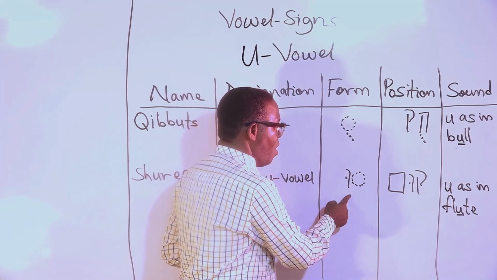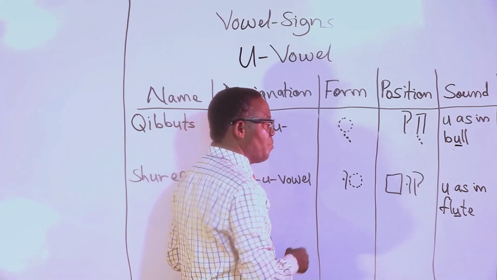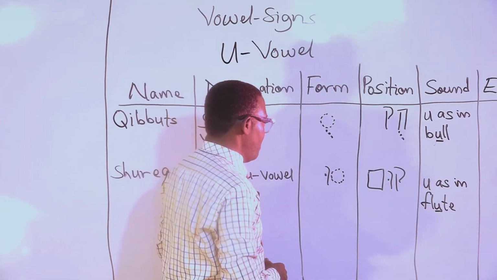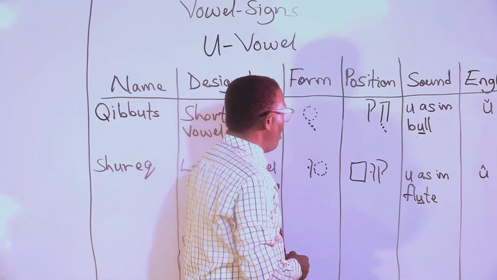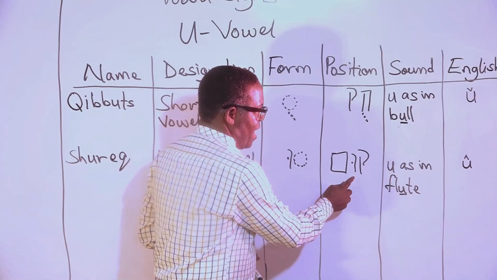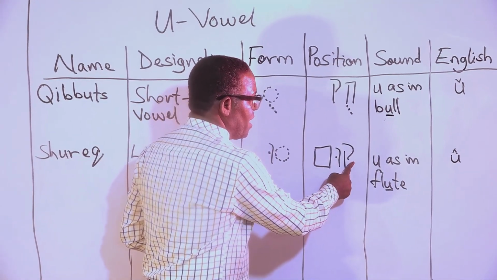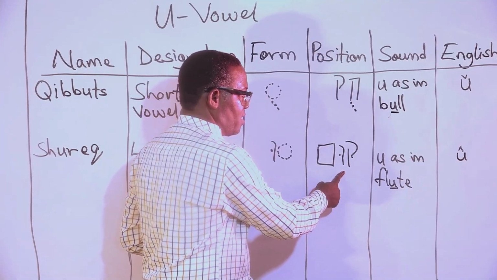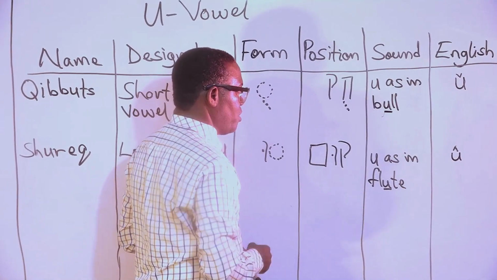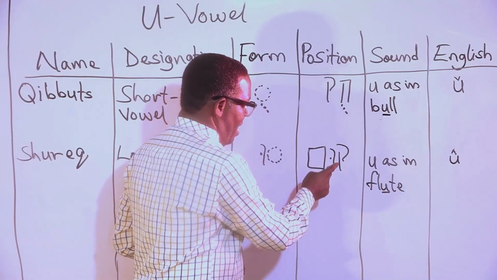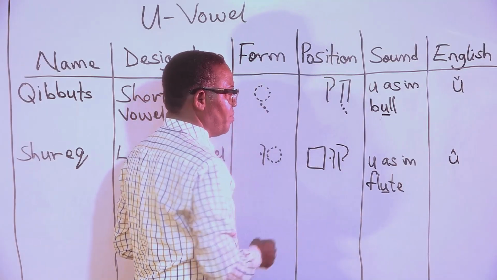The sign, a dot in the bosom, is what makes up the form of turek. And as you can see in this word, it stands directly in front of its consonant. We have kof, we have turek, we have mem.